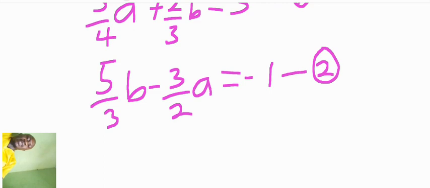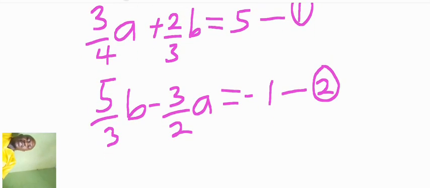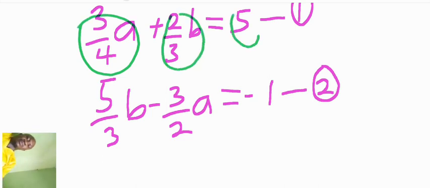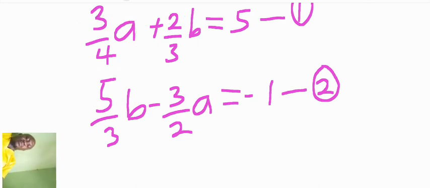So ask yourself, what is the least number that 4 and 3 will divide exactly? If you get that number, we are going to use that number to multiply each of the terms. If you do that, you are going to clear the fraction. Okay, so that's why we are doing that.